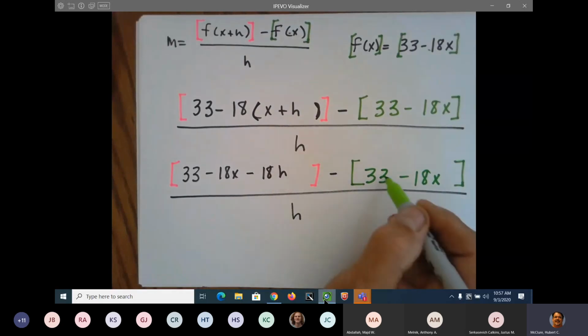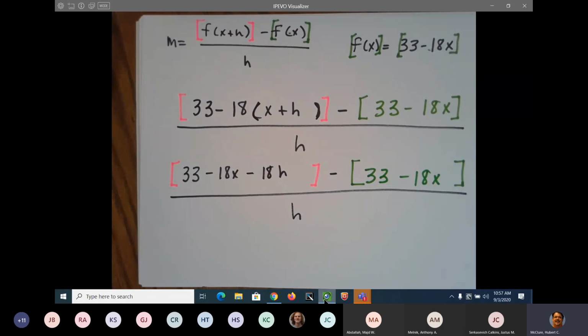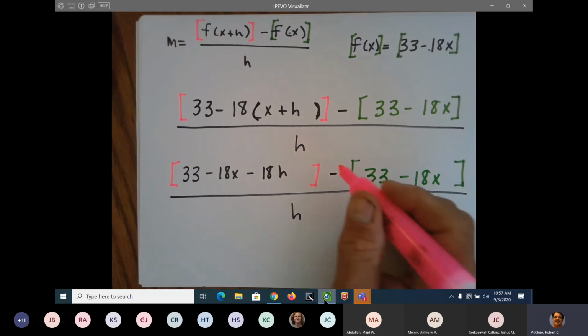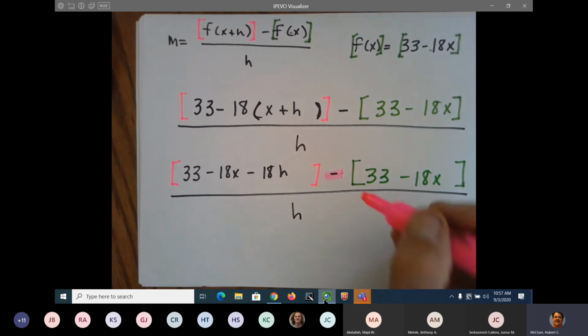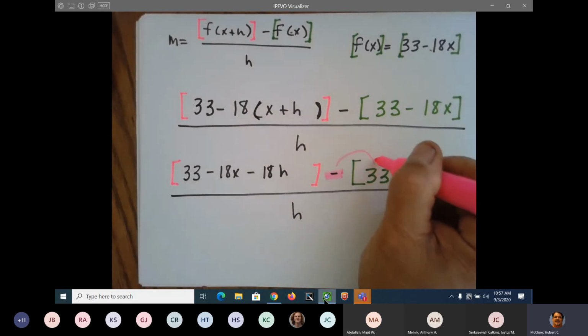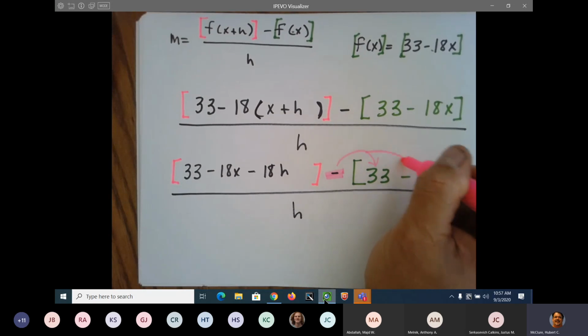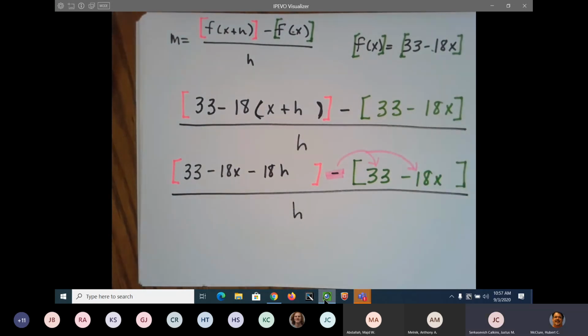Now I've got to distribute that negative. Is this a problem? Yes. That negative right there is one of the biggest problems that you students face on a test. Remember, that negative doesn't just go to the front number. It also goes to what? The second number.